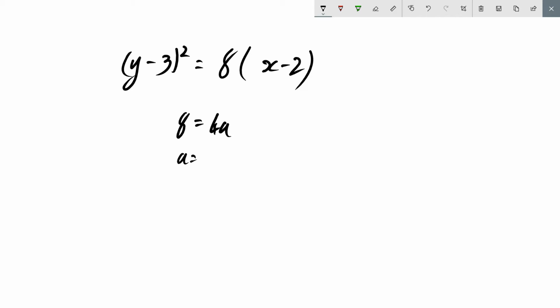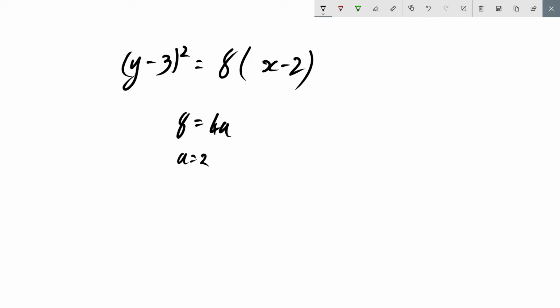y minus 3 squared is going to equal 8 lots of x minus 2. Let's think about this. What are the 3 values that we want? We want the a, we want the h, we want the k. So our a value, 8 is going to equal 4a. Divide by 4, a is equal to 2. There's our first point.